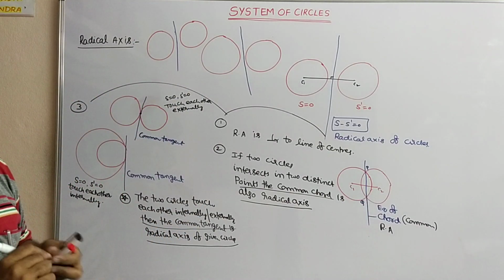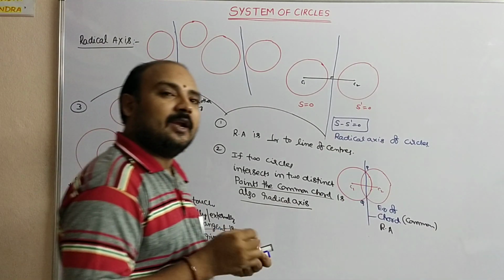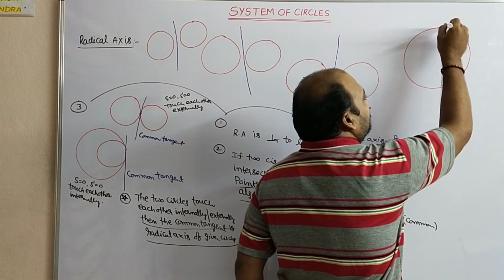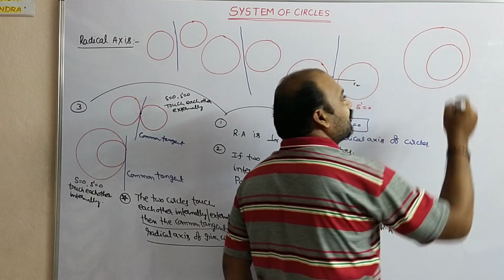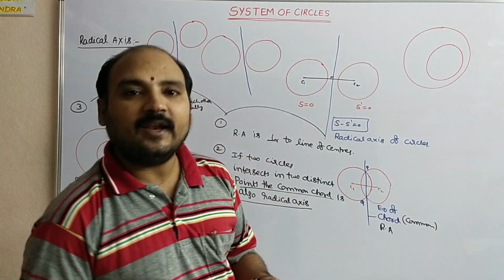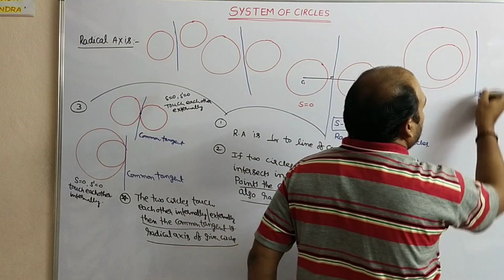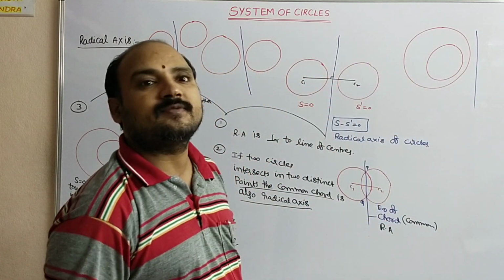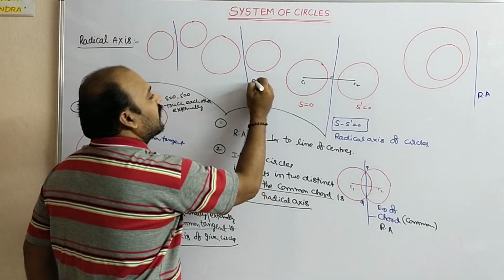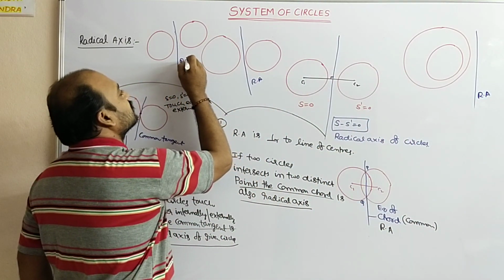Suppose one circle is completely lying inside another circle. For example, this is a big circle and this is another circle. The radical axis is outside of the two circles. This is the radical axis of two circles. Even here also the radical axis.